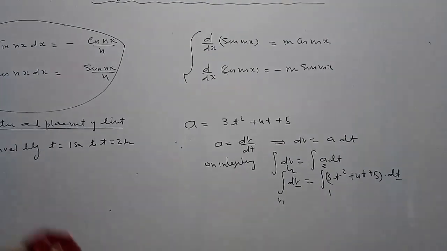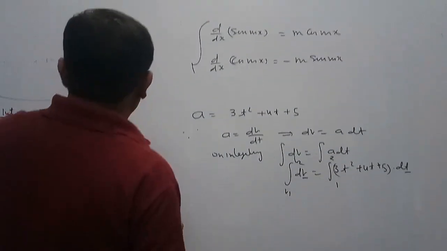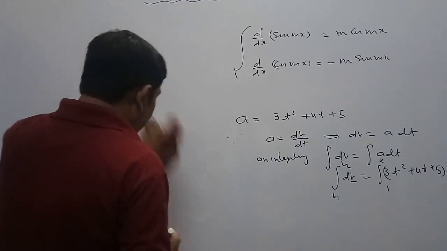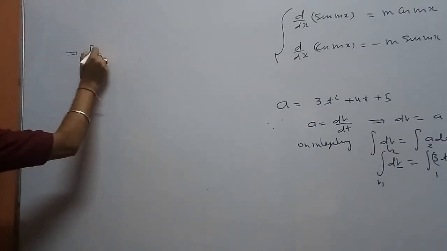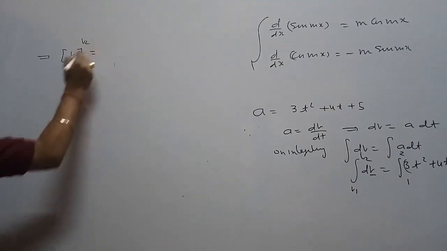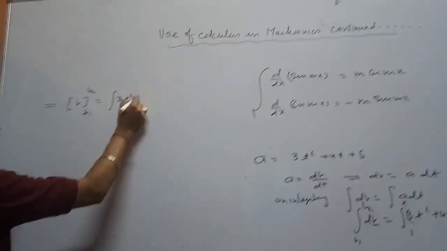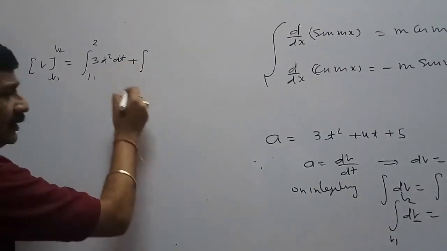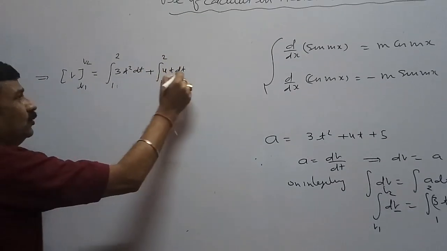After this what do we do? As we have done in the last question, integration of dt was t, so integration of dv will be v. Left side will be integration of dv, which is v, between limits v1 to v2. First term of the right side: integration of 3t square dt between limits 1 to 2. Second term will be integration of 4t dt between limits 1 to 2.